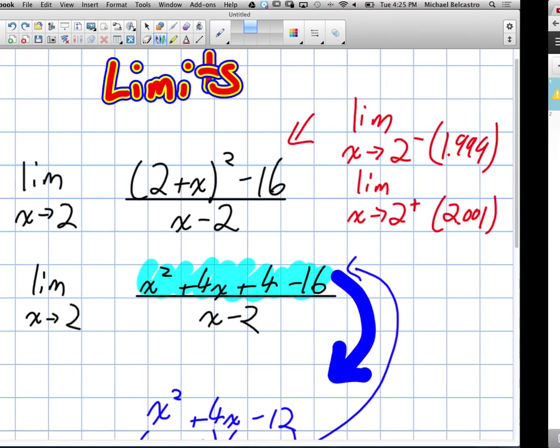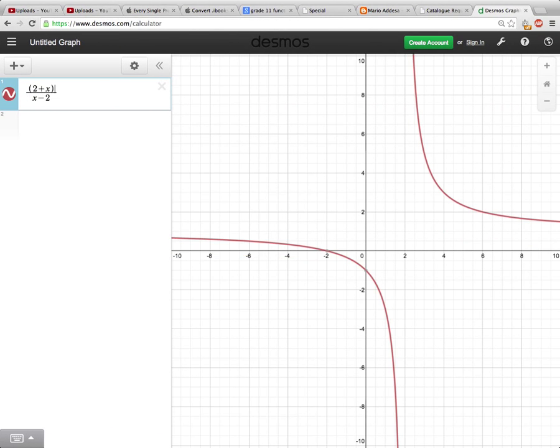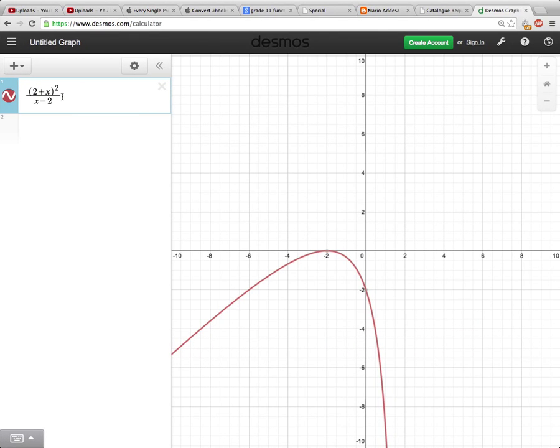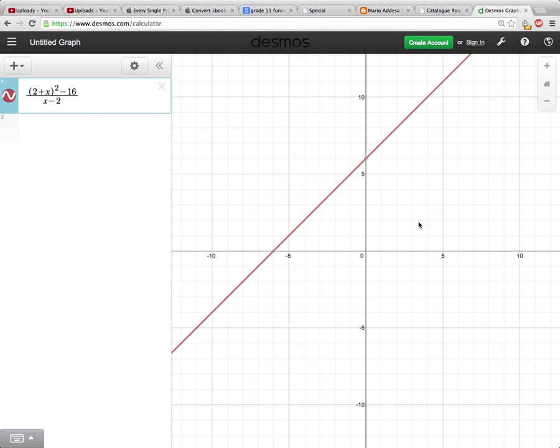Bracket 2 plus x, 2 plus x to the power of 2 minus 16. Okay, and what we get here is as x approaches 2, we're essentially undefined.